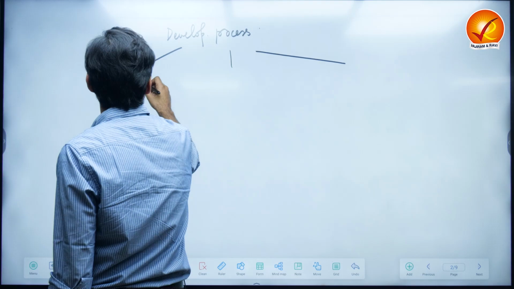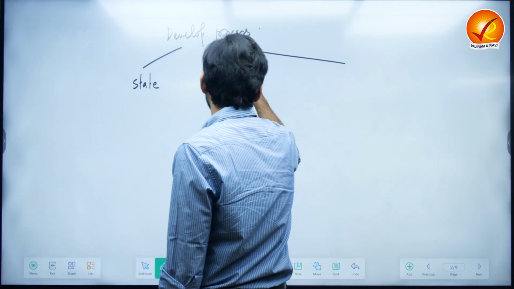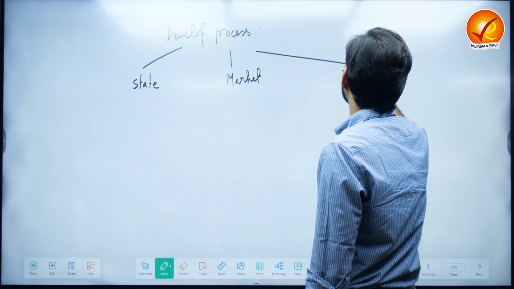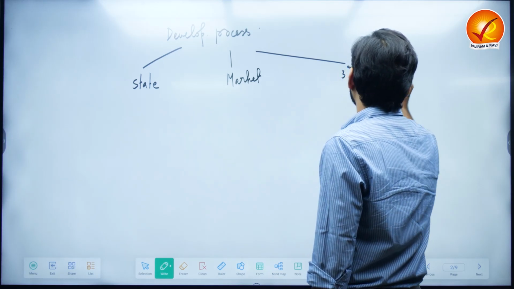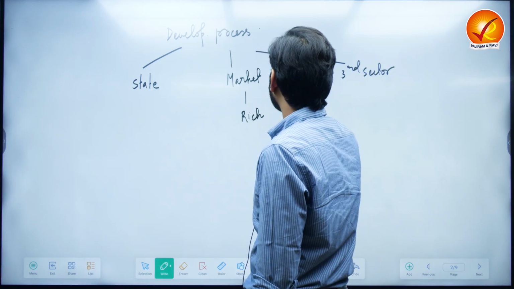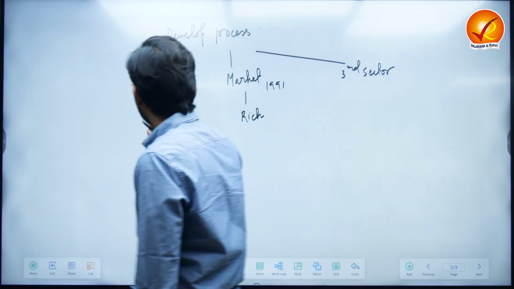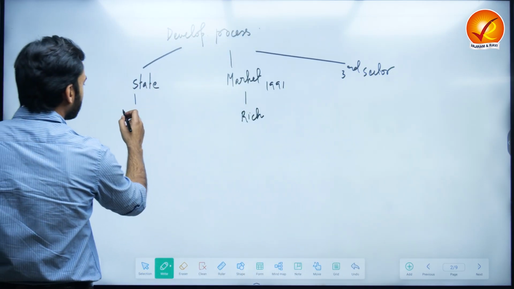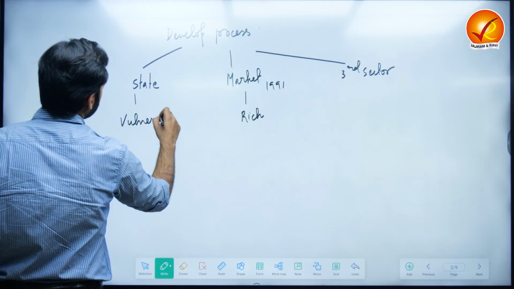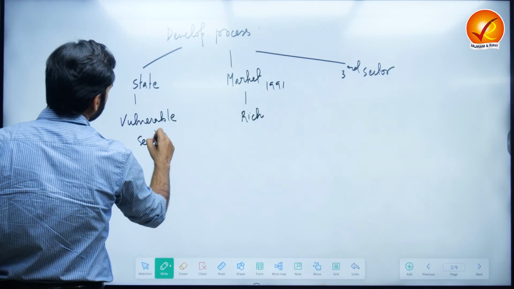One is the state, the other is the market, and the other is the third sector. The market takes care of the rich after 1991. And after 1991, the state has been given the responsibility to take care of the vulnerable sections of society.